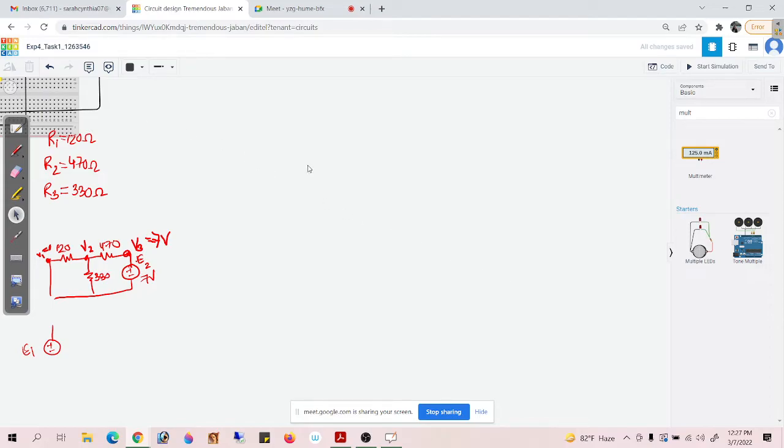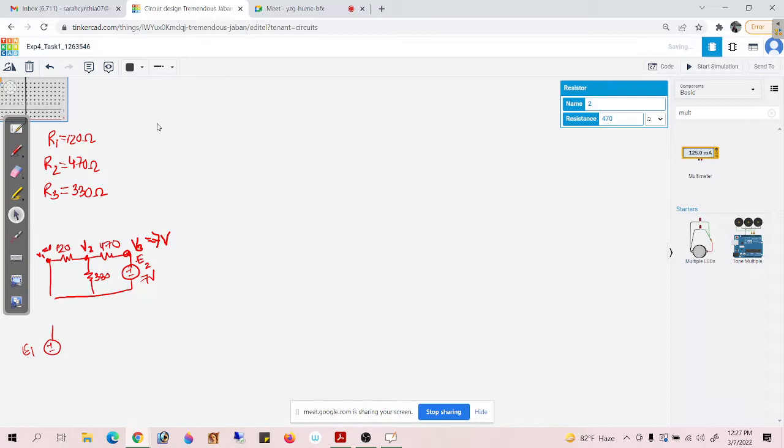Why isn't it moving? Is there any option to zoom it out?